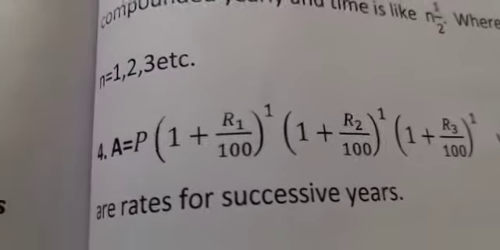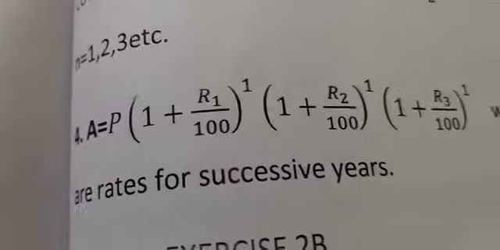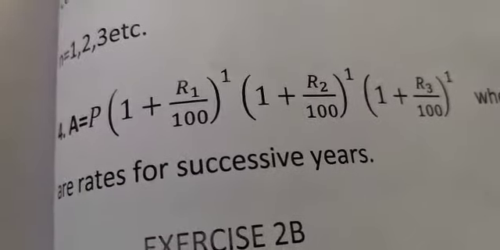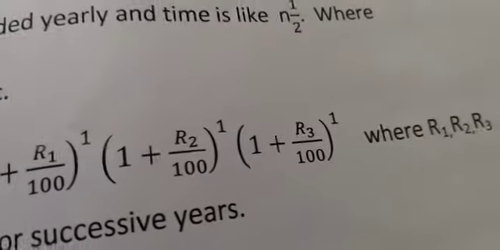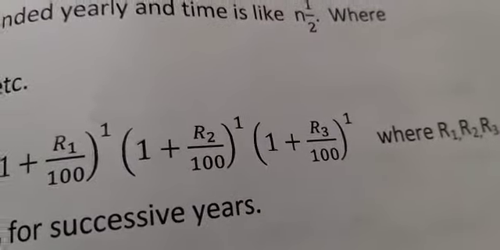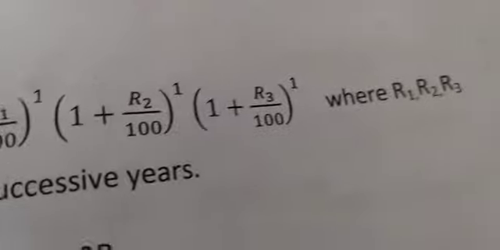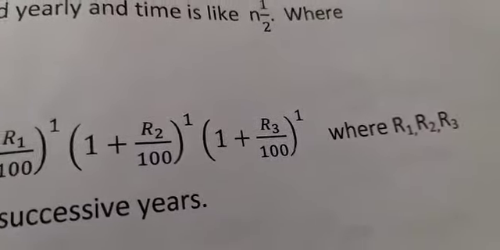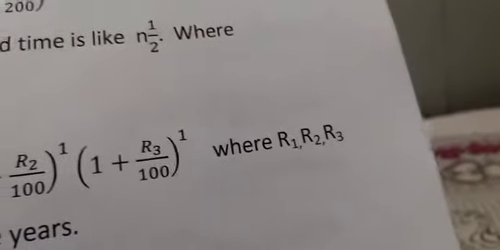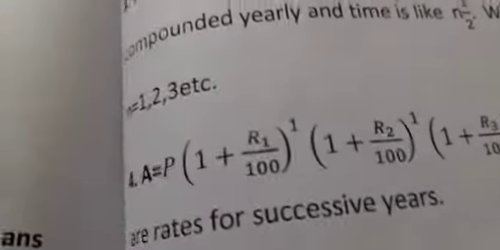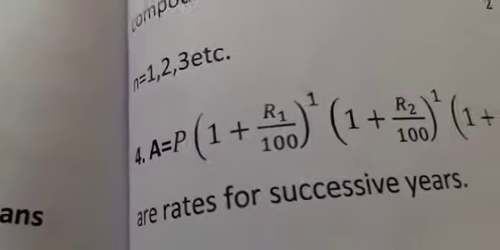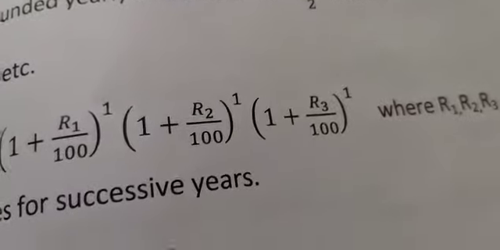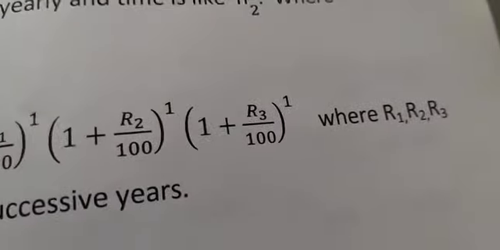In that case, we use the formula A is equal to P into 1 plus R1 by 100, where R1 is the rate for the first year, into 1 plus R2 by 100, R2 is the rate for the second year, into 1 plus R3 by 100, R3 is the rate for the third year, and so on if there are more rates.